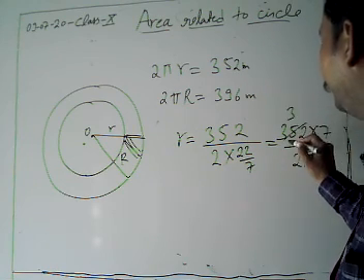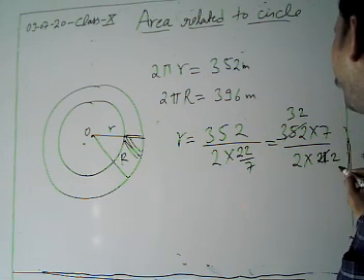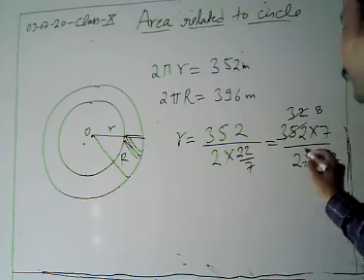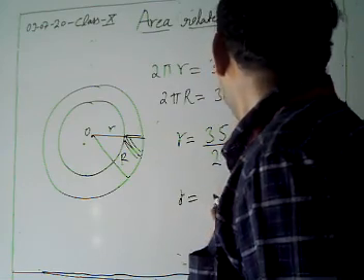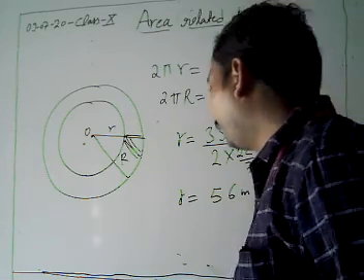Cancelling 11 with 352 gives 32, then 2 into 4 is 8, 4 8s are 32. Then our small r is 56 meter.